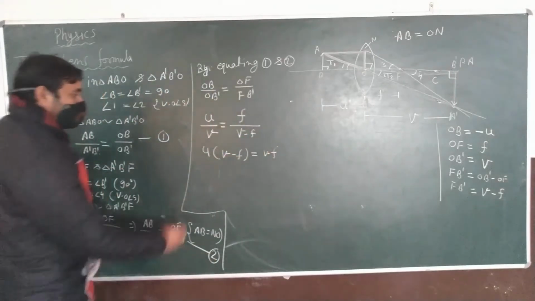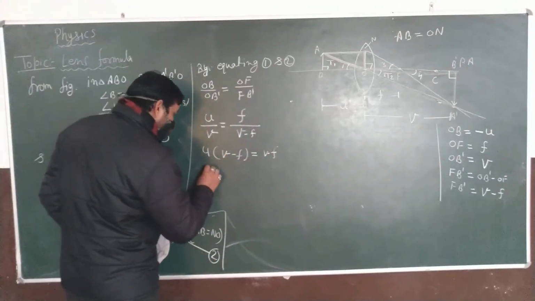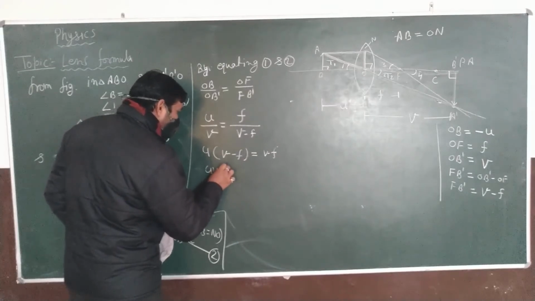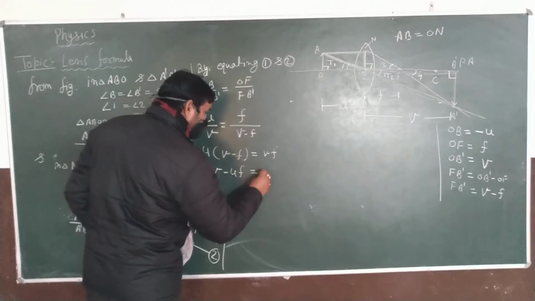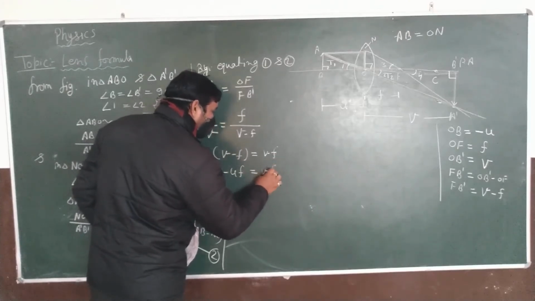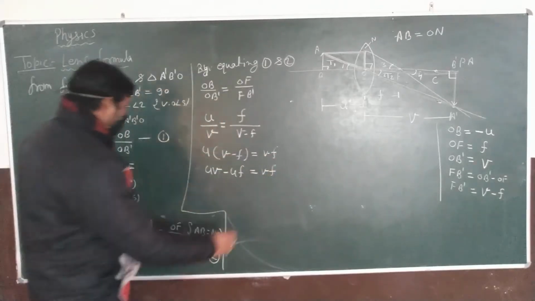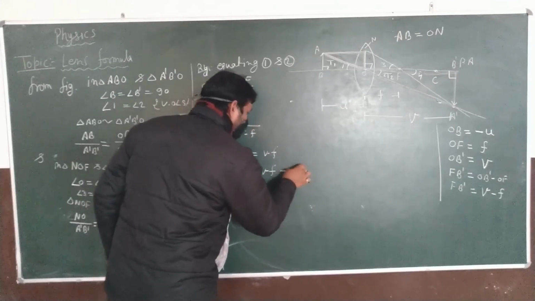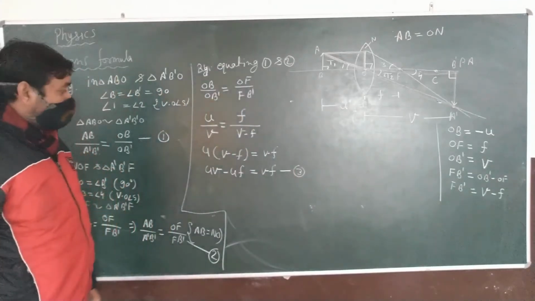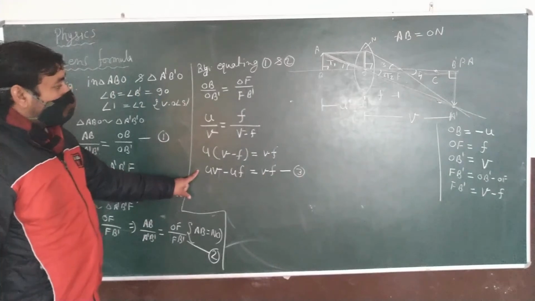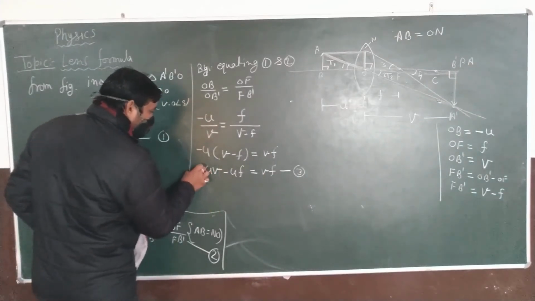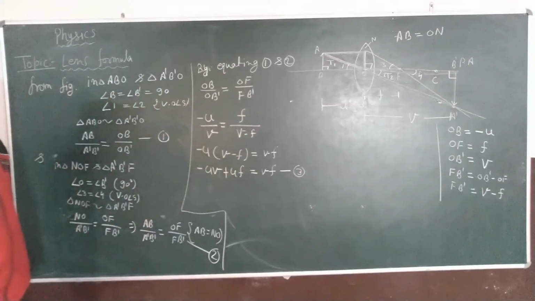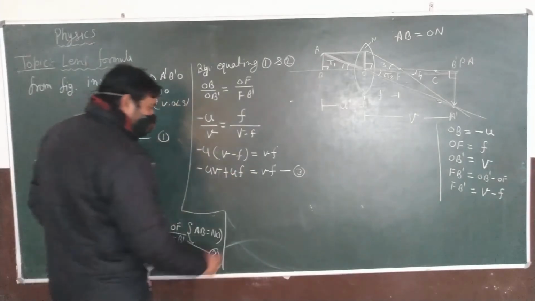By multiplying inside, we get uv minus uf is equal to vf. Okay, let's say this is equation third. This is minus and this is plus. Clear?